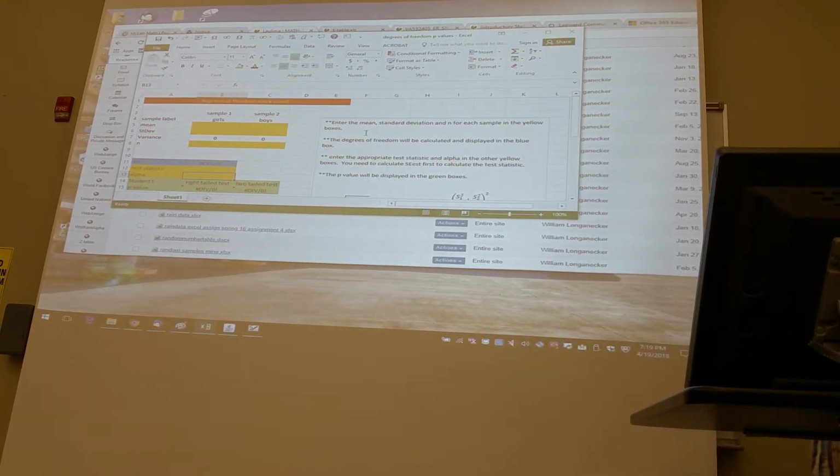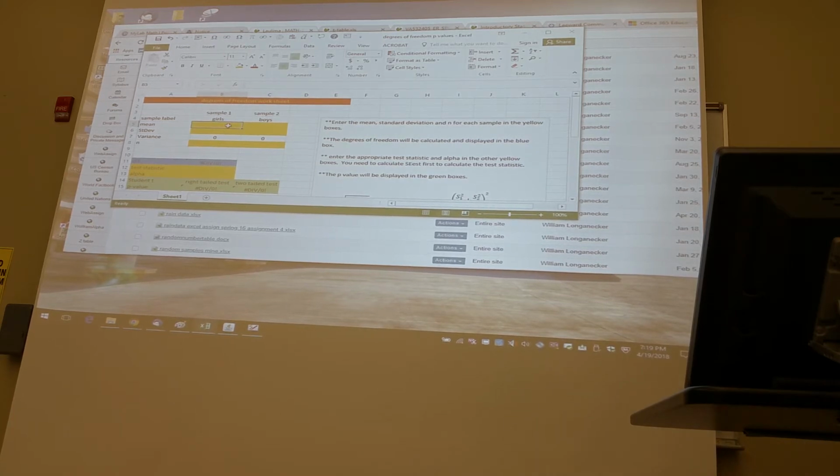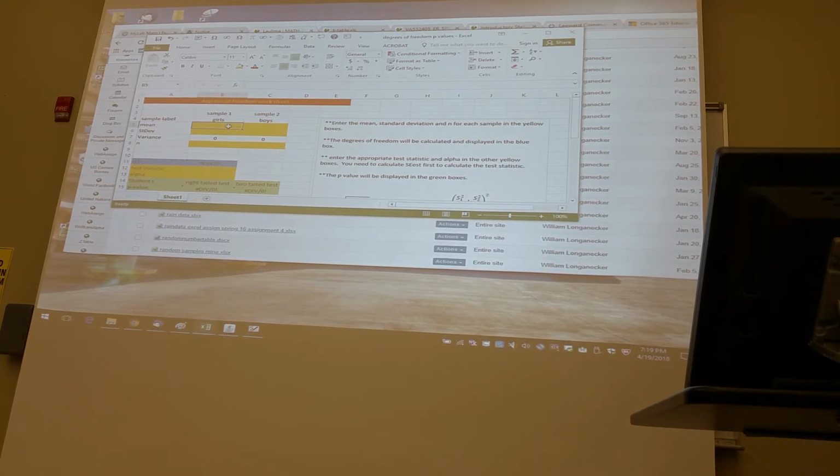Okay? So, what's the mean for the girls? What did it say the mean for the girls' sample was? Average 3.3, with a standard deviation of 1.1.